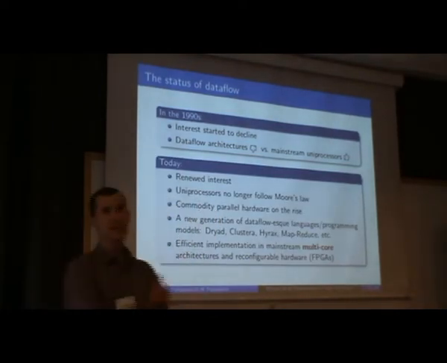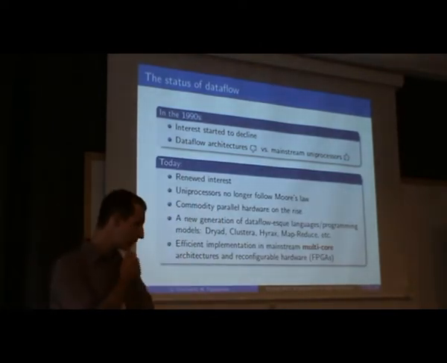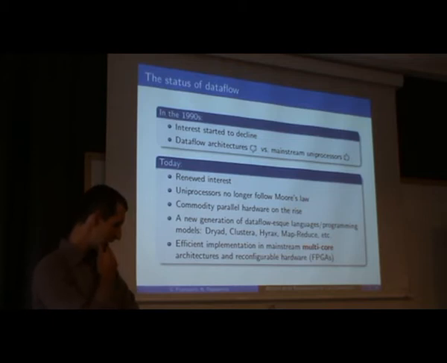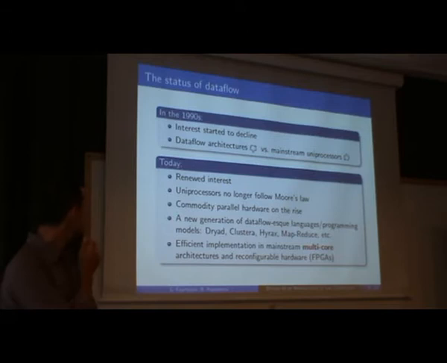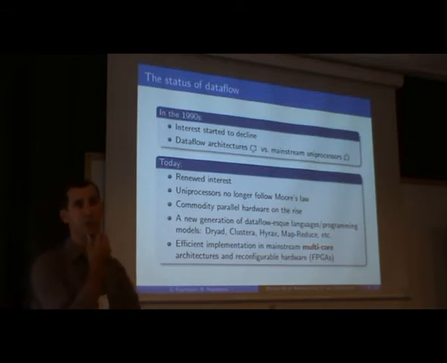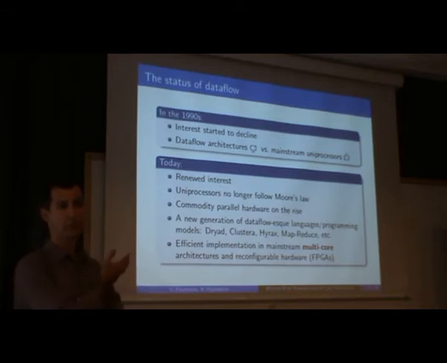But today, interest is sort of renewed, at least some of us think that way. And there are several reasons for that. First, Moore's law doesn't hold very much anymore for uniprocessors, at least.